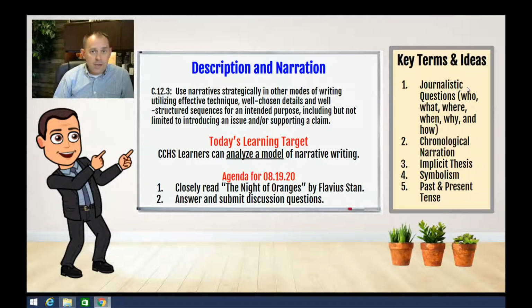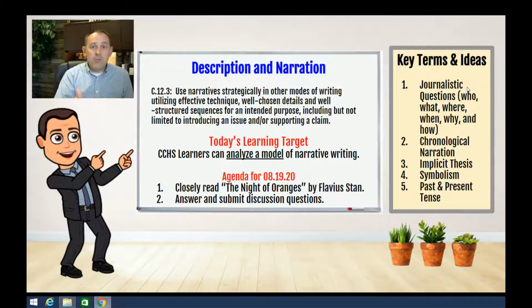Now, occasionally you will begin in what's called in medias res, which means right in the middle of the action, which is a feature of a lot of good pieces of literature. And it's actually a feature of lots of good movies that you've probably watched over and over again. It doesn't begin at the chronological beginning. It begins right in the smack of the middle of the action because that's far more interesting than the chronological beginning.